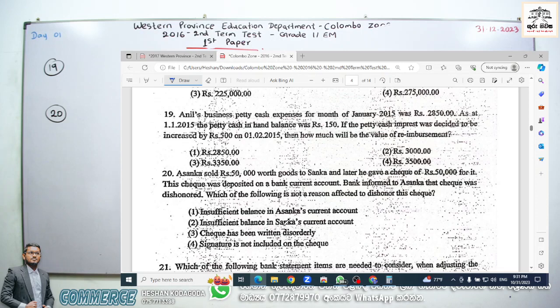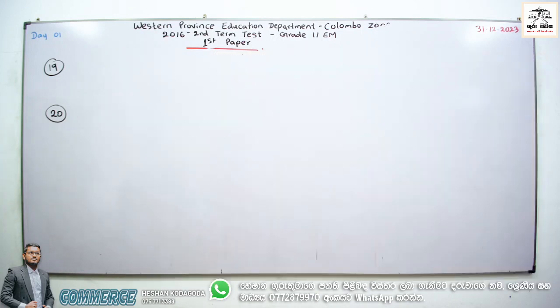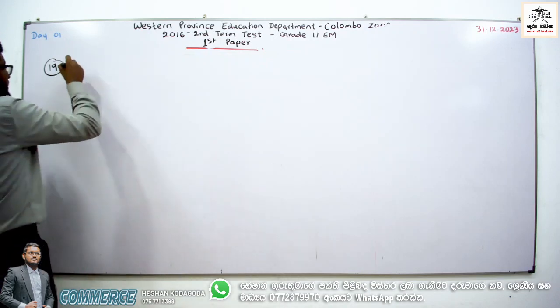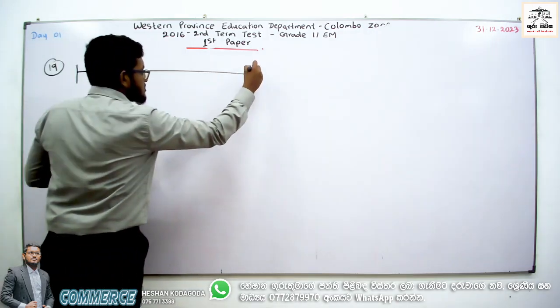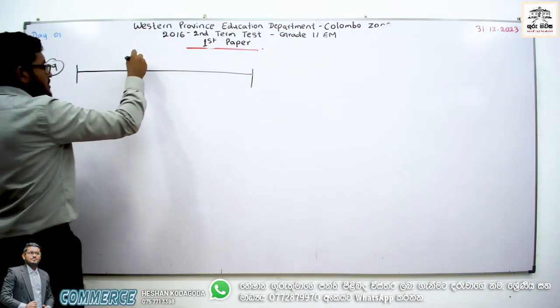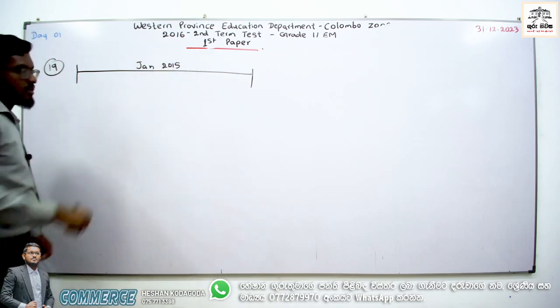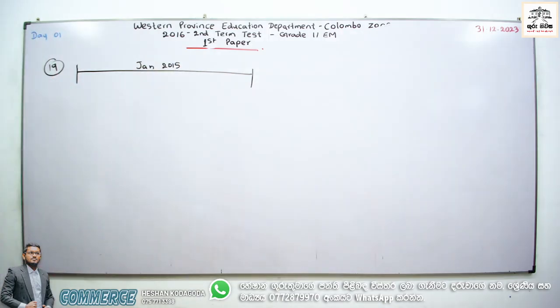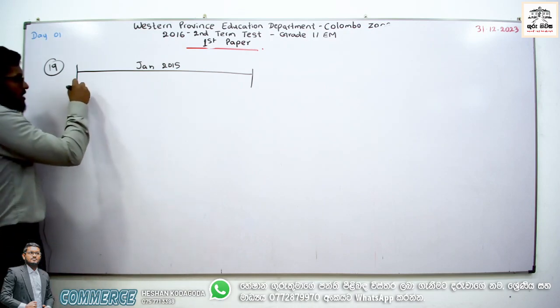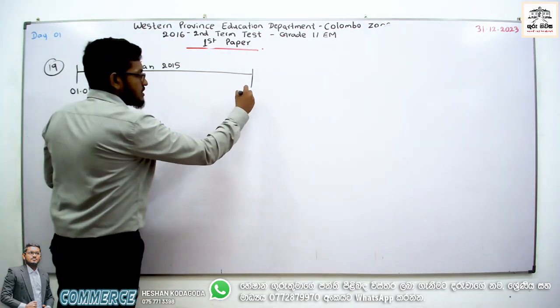When it comes to this kind of question, you need to draw the timeline. Okay, so let's draw the timeline in here. Question number 90. So this is Anil's business. Think this is January 2015. Think this is January 1st, and this is January 31st.